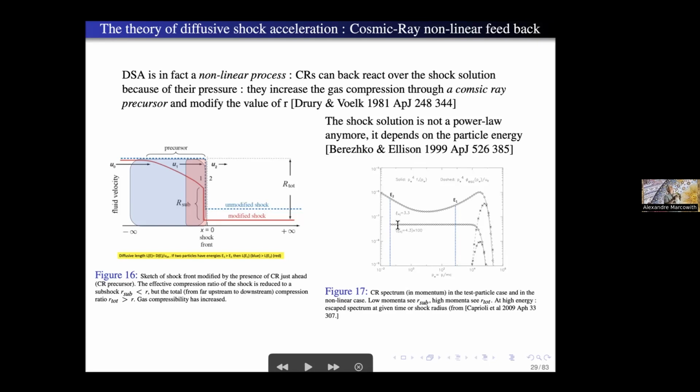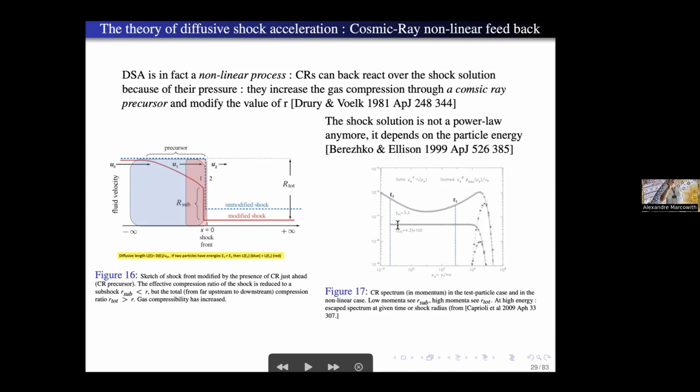So they have, with respect to the test particle solution, a softer spectrum. If you put R equal 3, for instance, you end up with something a bit softer than E^-2. But high energy particles, on the contrary, see larger compression ratios, so you have a harder spectrum than E^-2. You have a kind of concave spectrum at the shock front.